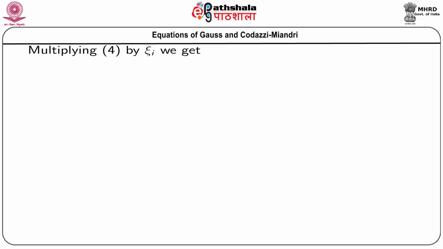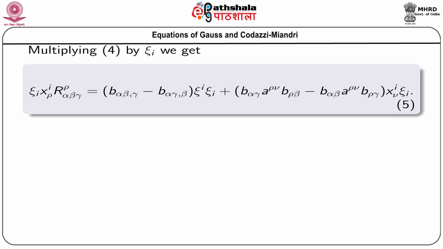Now, multiplying equation 4 by xi I, we get xi I x I rho r rho alpha beta gamma equals b alpha beta comma gamma minus b alpha gamma comma beta into xi I xi I plus the right hand side with the expression given in equation number 5.